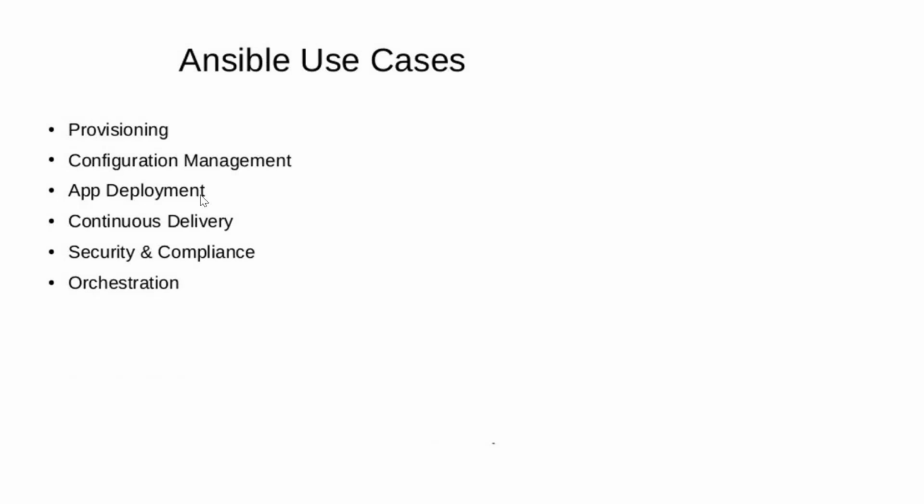Continuous delivery. So by this, we are able to deliver continuously, and it provides security and compliance and orchestration. Orchestration is nothing but managing all these nodes, all these EC2 instances. There can be 40, 50 servers, no problem. Ansible can manage them. So Ansible manages, and Kubernetes is also called an orchestration tool.